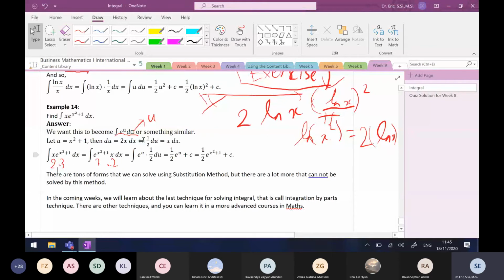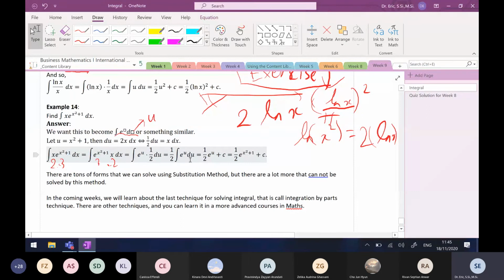So x dx will become a half du, and e to the power of x squared plus 1 should be e to the power of u. A constant goes in front, so a half integral of e to the power of u du.